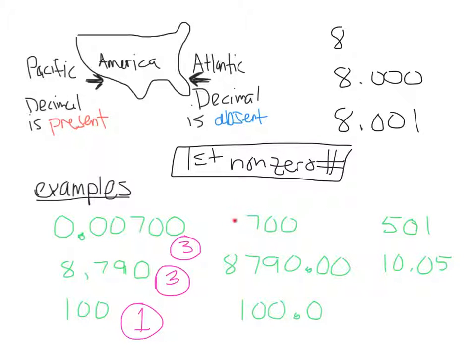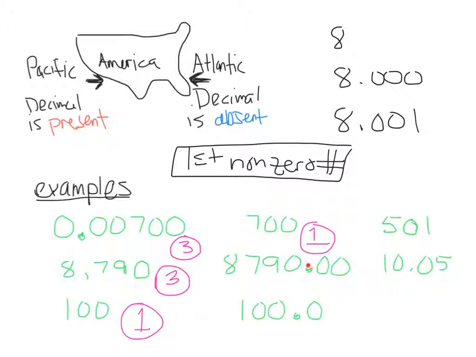Next example, just like the previous example, same exact thing. The decimal is absent. We start on the Atlantic side, always going toward America. Start counting at the first non-zero number, and there's only 1 non-zero number, so there's 1 sig fig for this number. Next one's a little bit tricky.